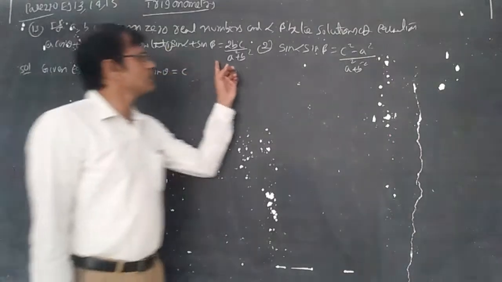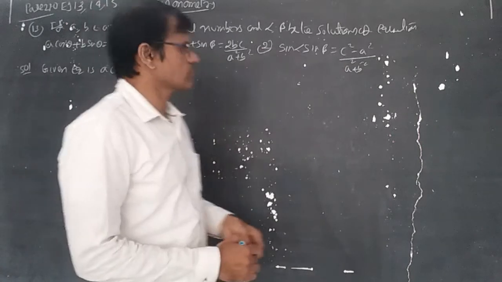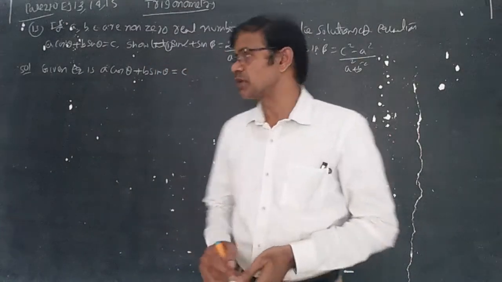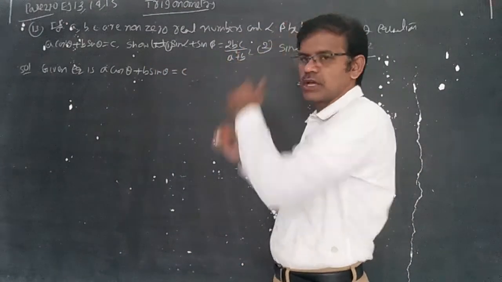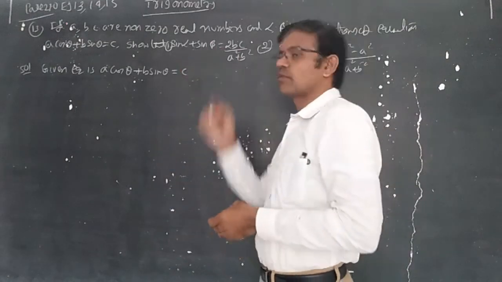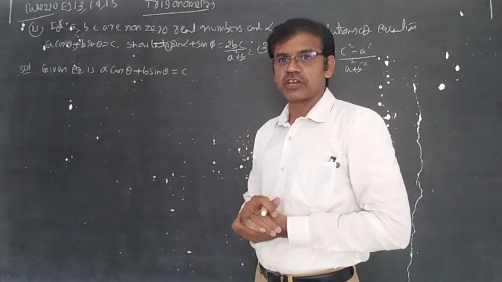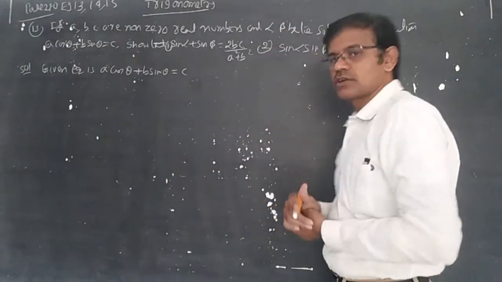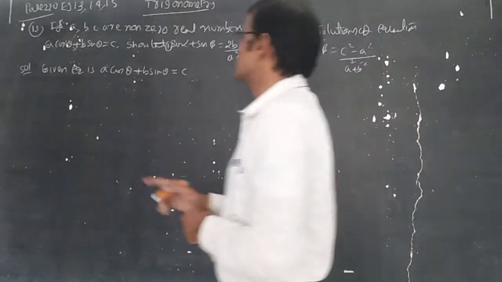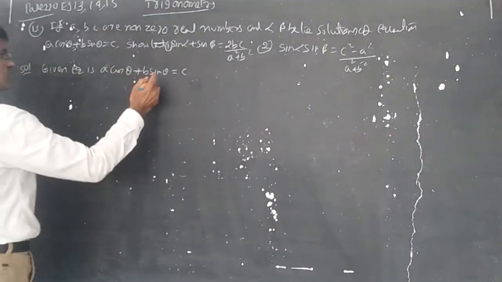We should get the equation in terms of sin, because we need to prove here the sum of roots sin alpha plus sin beta in the quadratic expression, and here the product of roots. So a cos theta plus b sin theta is equal to c.